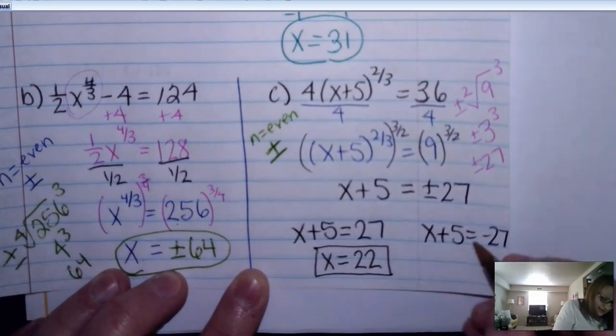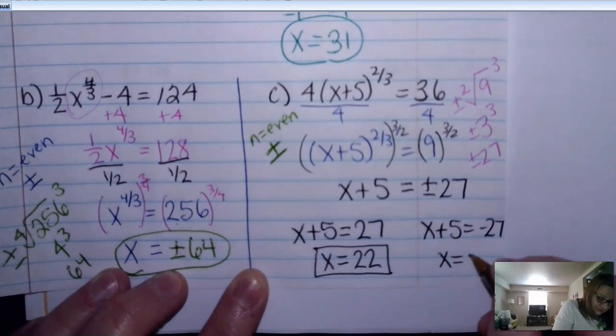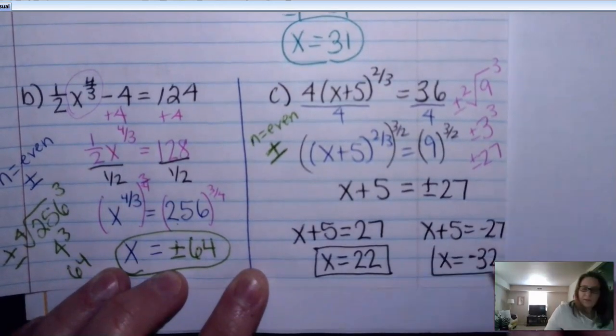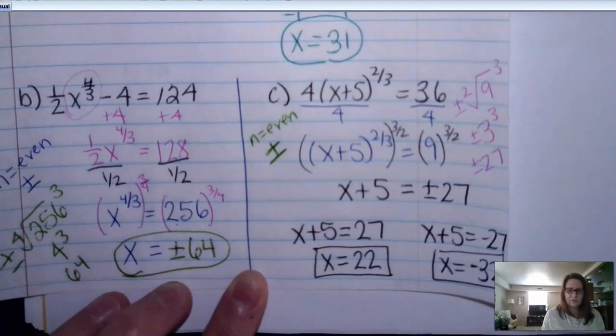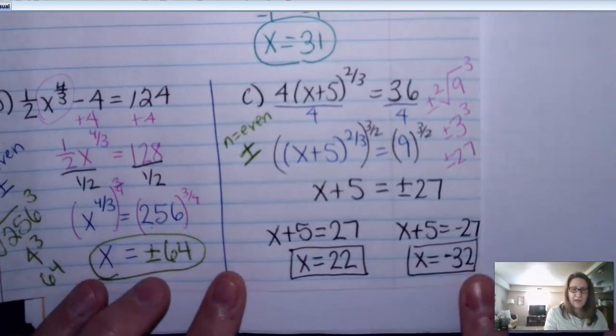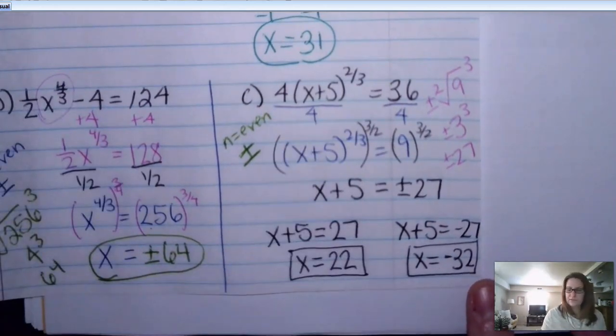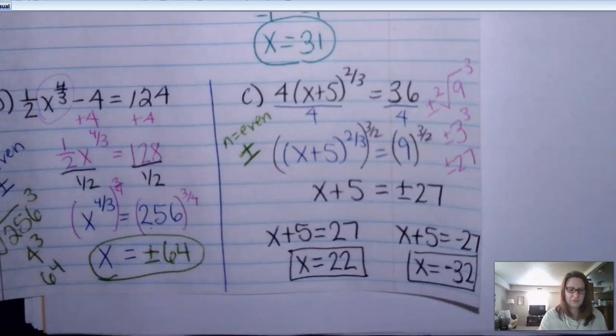Here, if I subtract 5 from negative 27, we're going to get negative 32. And so those are going to be our two answers there. Oops, sorry, my little picture's in the way. 22 and negative 32. And of course, you can plug these right back into the original problem and you will see that they will make that equation true.